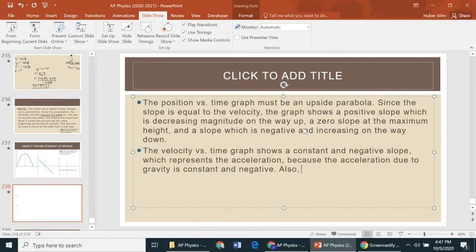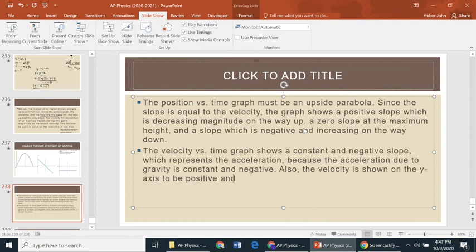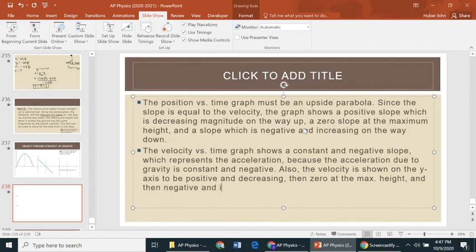Let's just say also the velocity is shown on the y-axis to be positive and decreasing, and zero at the max height, and then negative and increasing on the way down.